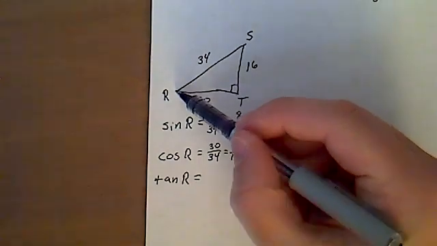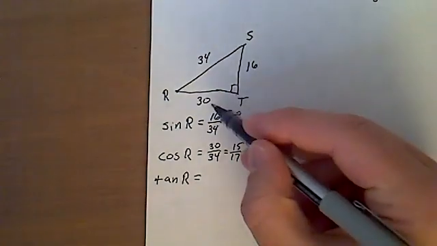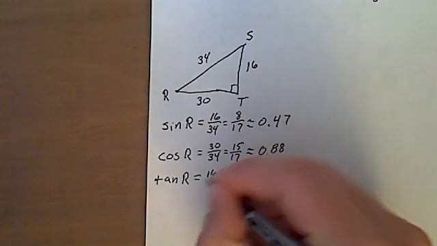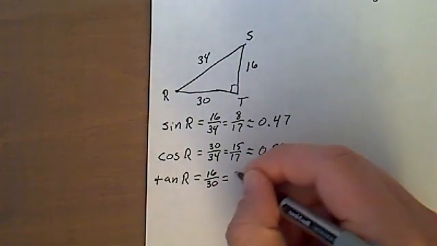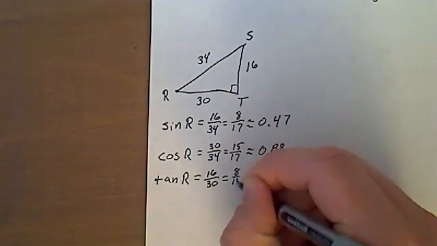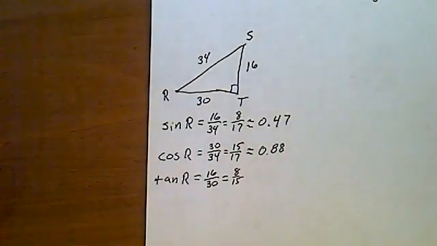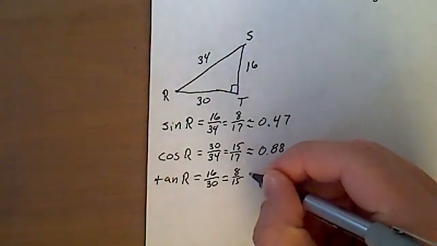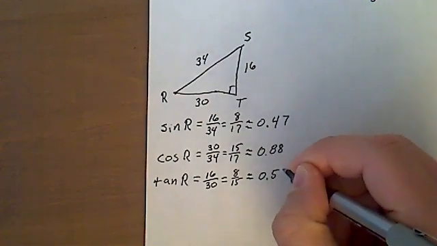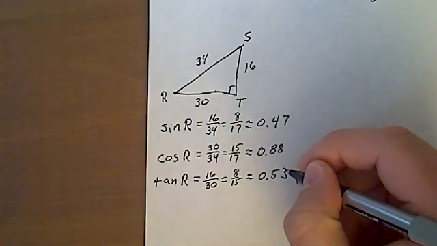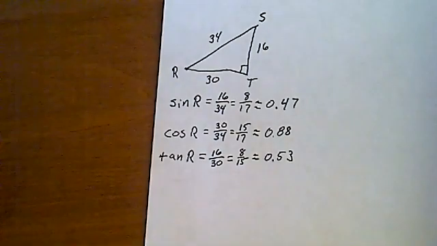Opposite to R is 16, and the adjacent is 30. That is 8 over 15. It's about 0.53.